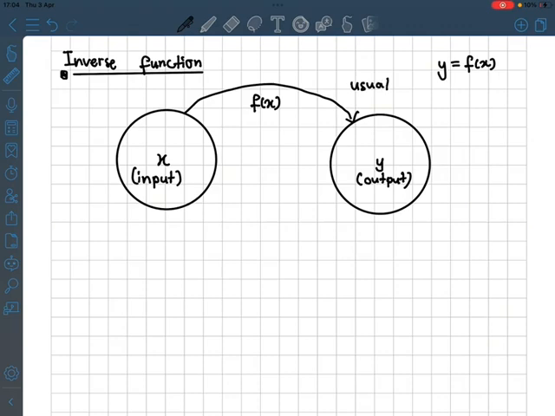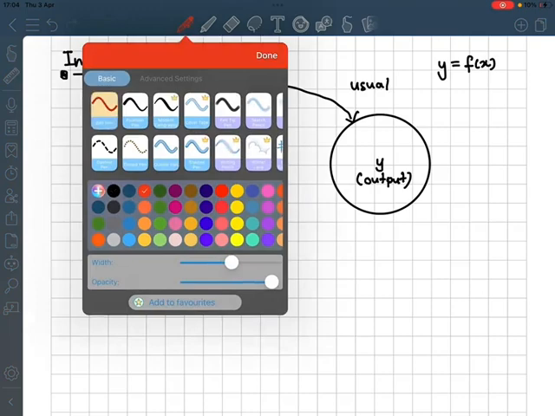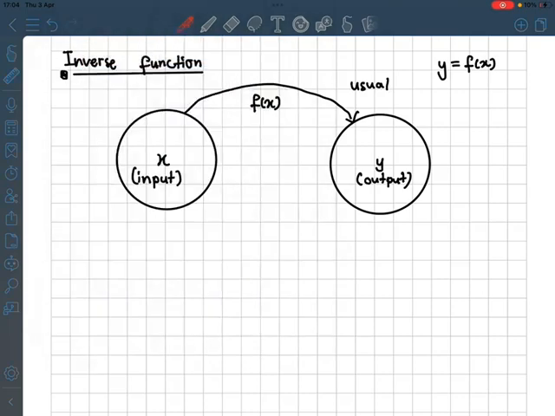And what is the inverse function actually? Back to the question. Inverse function is basically you reverse the direction of the arrow. Instead of from x to y, now we have y to x, which means y is our input now, because we start off from y.